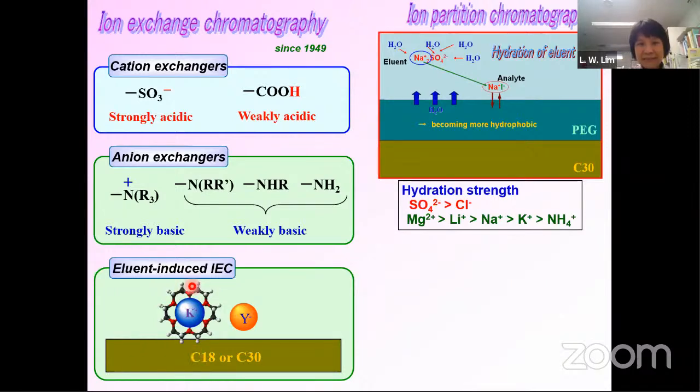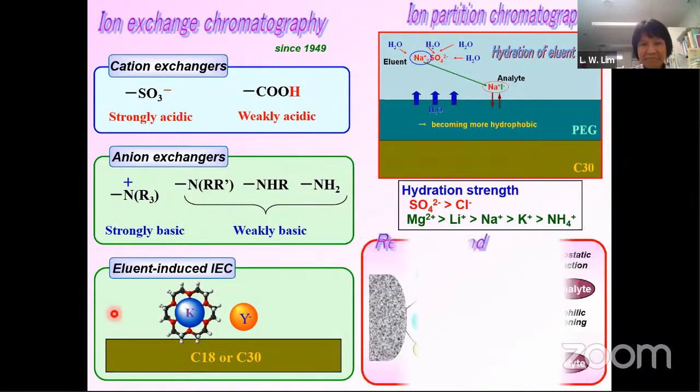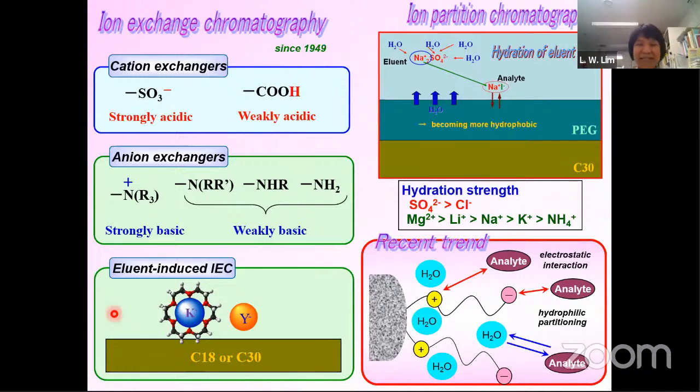Recently, well, in ion chromatography, there are many different systems actually. Some people want to separate anions and cations at the same time. Usually, some people will try to make what we call a zwitterionic column.